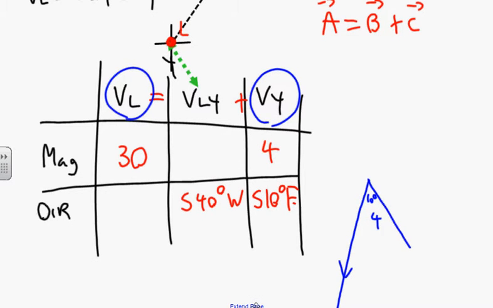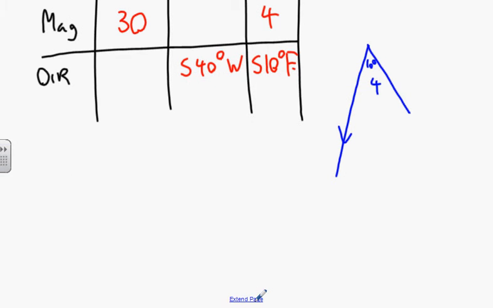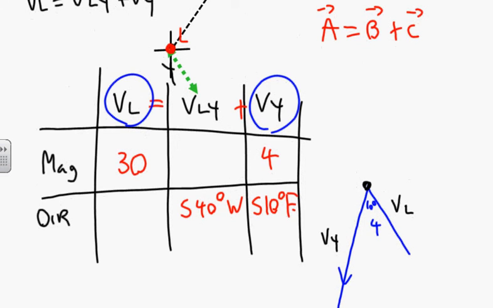So I've started off with velocity of yacht, velocity of lifeboat. Now where does phi ly join up? Can we tell where phi ly joins up?